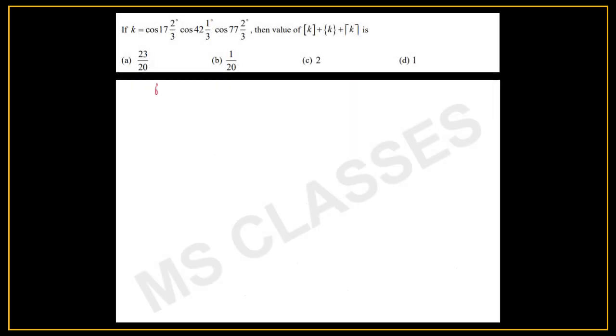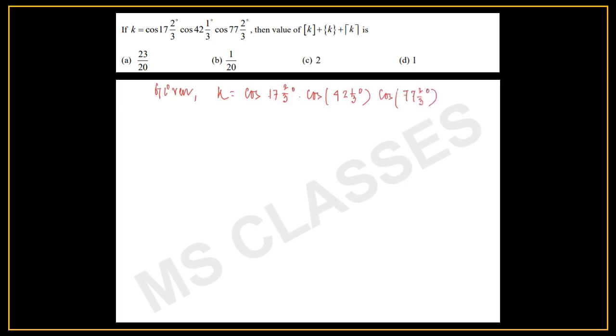Given k equal to cos 17 2 by 3 degree, cos 42 1 by 3 degree, cos 77 2 by 3 degree.